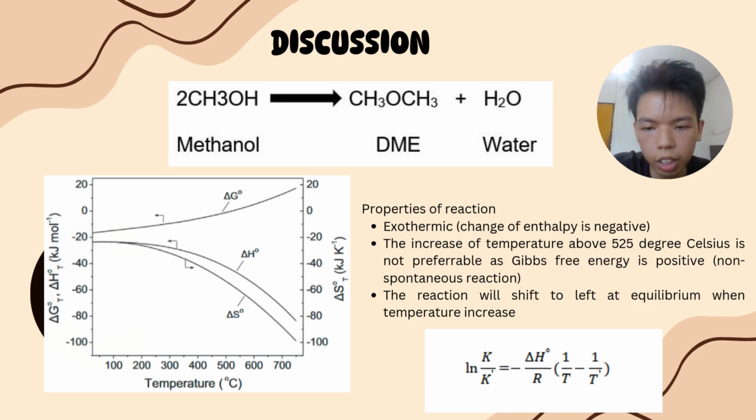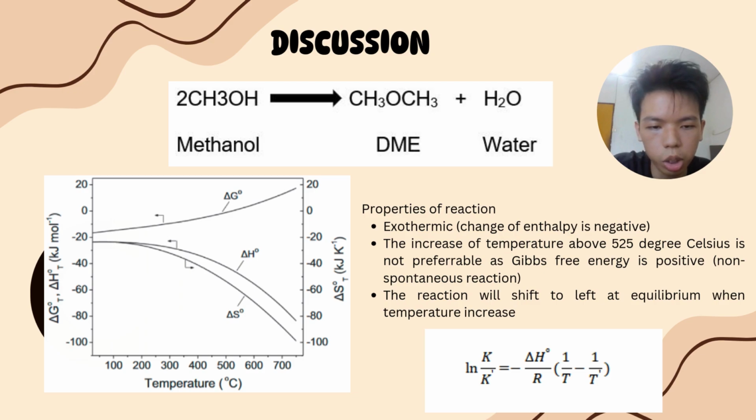As you can see here, the change of the enthalpy is always negative since it is an exothermic reaction. And when the temperature increases above 525 degrees Celsius, the Gibbs energy becomes positive, which means that it is a non-spontaneous reaction and is not thermodynamically preferable.